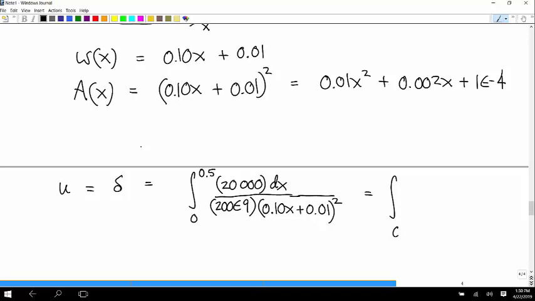So we have the integral from 0 to 0.5 of 2 times 10 to the 6 dx over 200 times 10 to the 9 times the quantity x plus 0.1 squared.